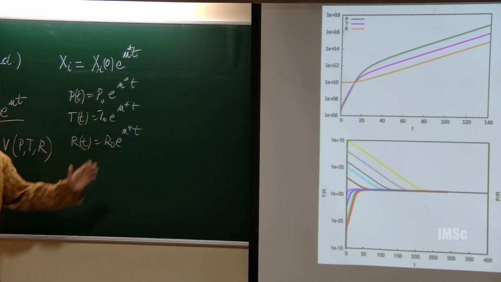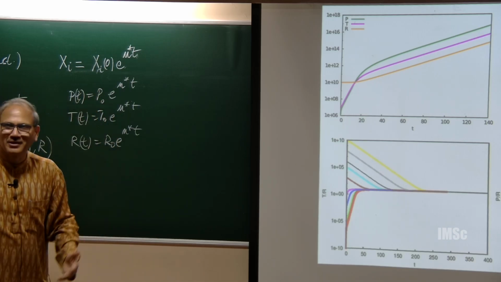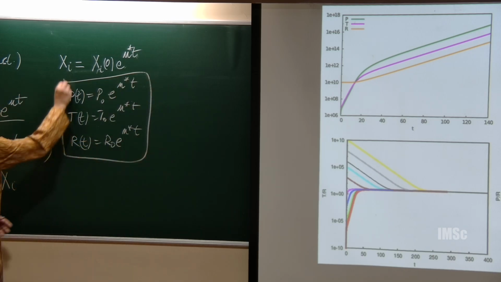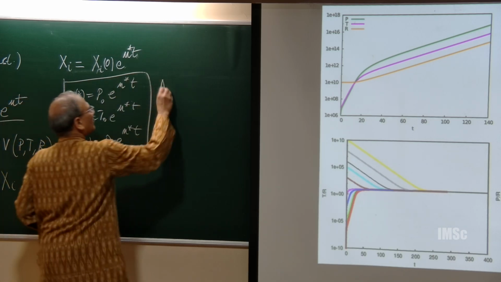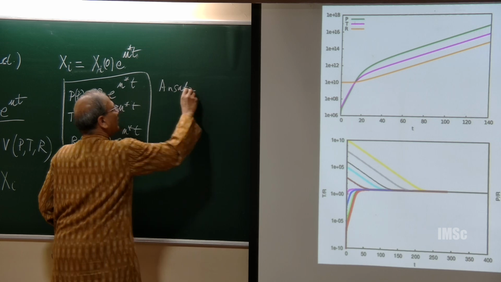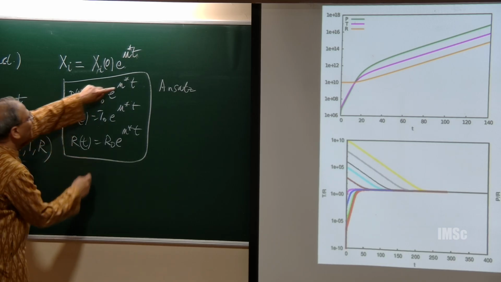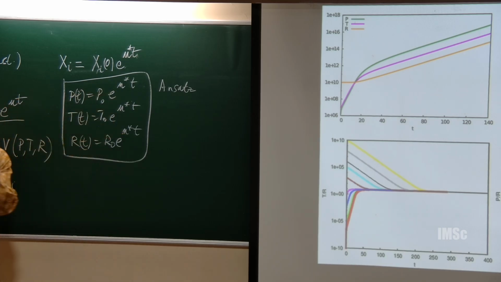You can substitute this in the dynamical equations of the model, and this ansatz is a solution, but it is only a solution if mu star is a certain fixed function of the parameters, and these P naught, T naught, and R naught bear certain very definite ratios with respect to each other.